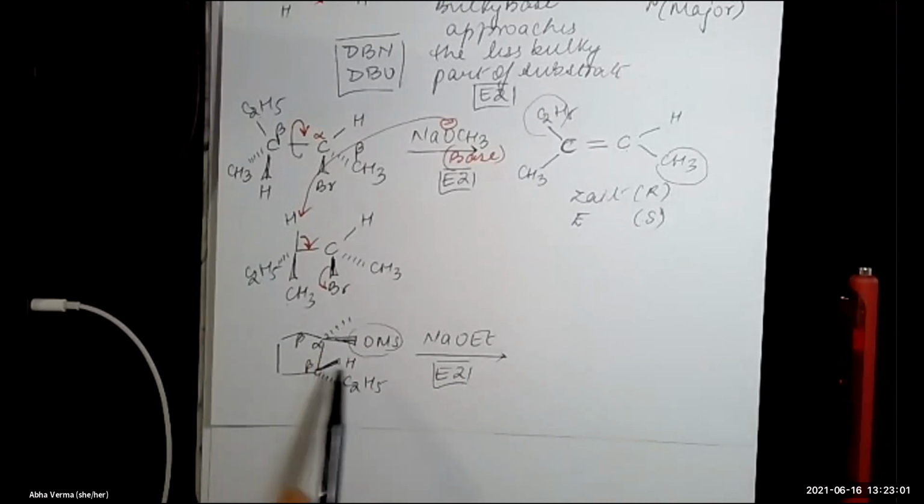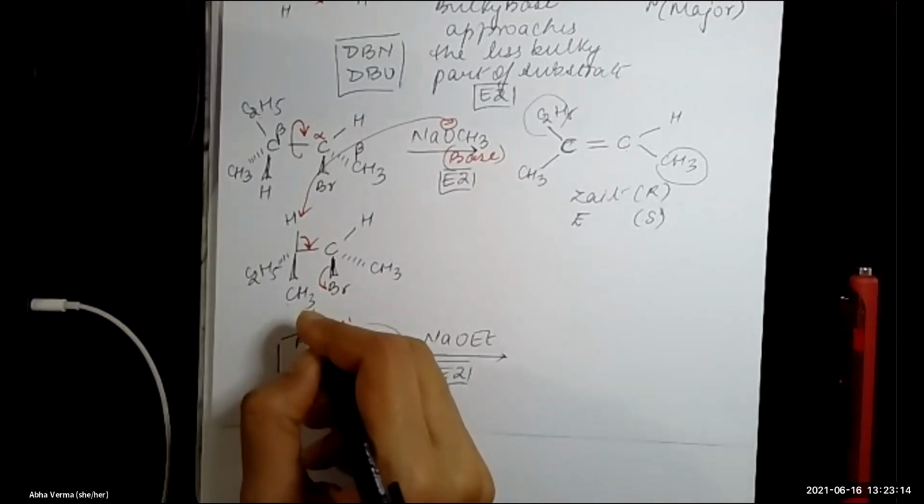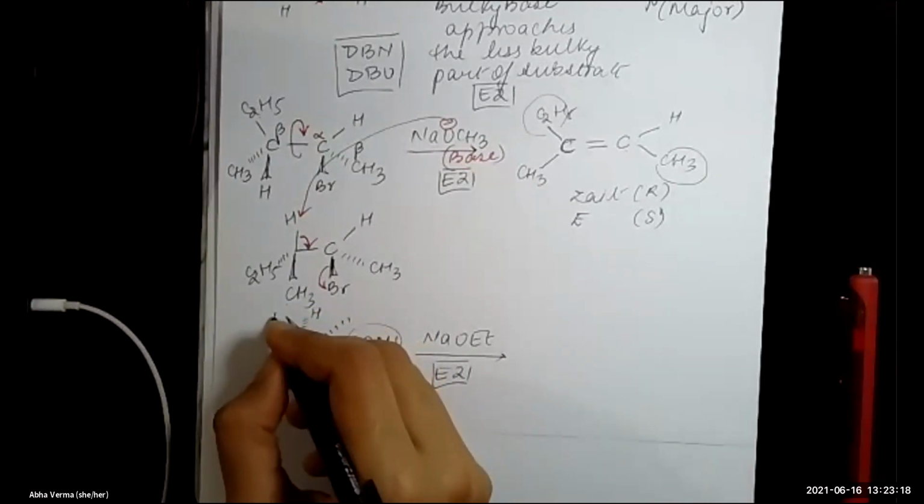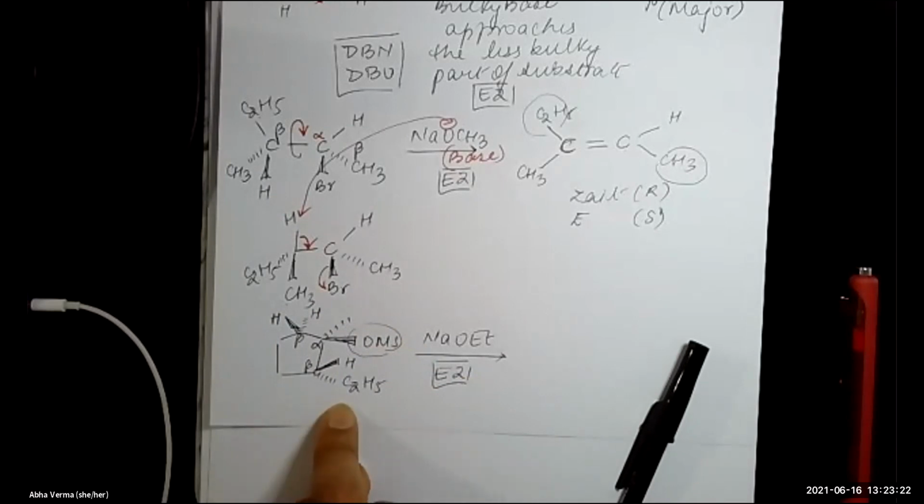Because the anti beta hydrogen is not available, if you try to rotate it, you are going to just break the bond. You will use the beta hydrogen of the other location. Any questions on what I just did?